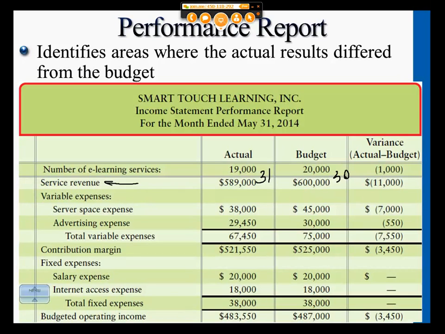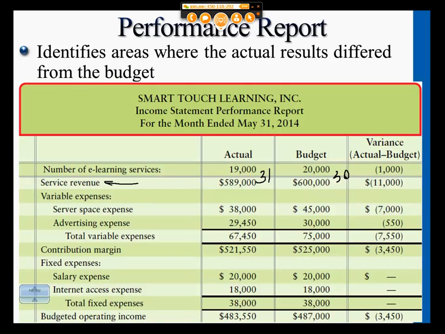Now, if you take your service revenue and your advertising expenses, the relationship is the same. It's 5%, all right?